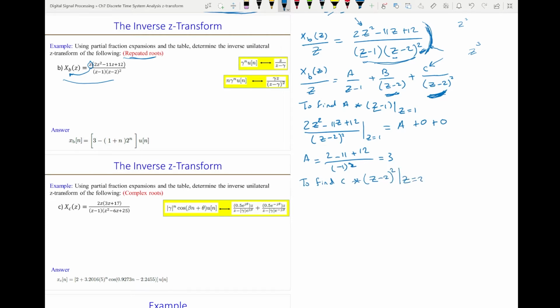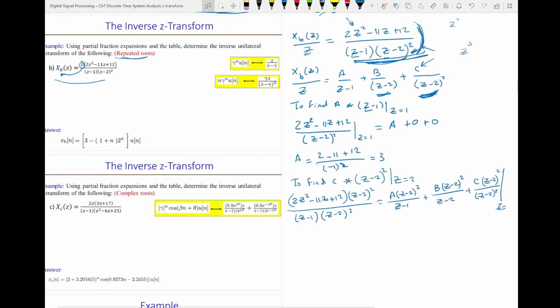So in this case, let's do it in detail. These will cancel, so the c will survive. Now here, one of them will cancel, but then when you plug in z equals 2, that will be 0.